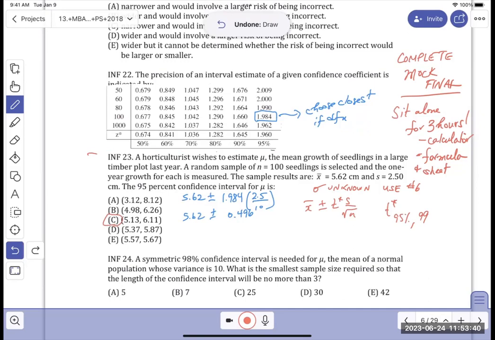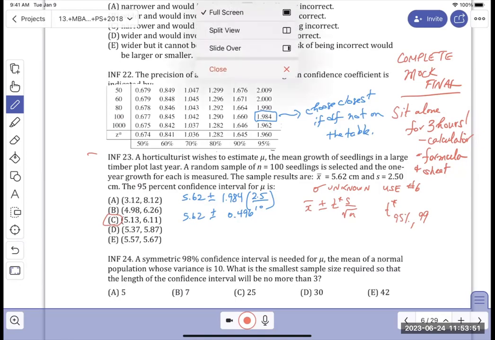It's really hard to read. Let me separate those. Let's check in Excel what Excel would give us.